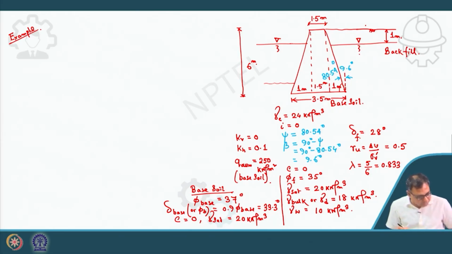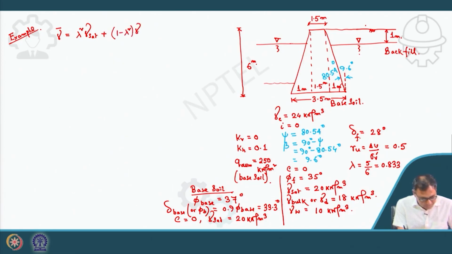To do that, since this is a partially saturated case, we will calculate the average unit weight gamma bar, which is equal to lambda square into gamma sat plus 1 minus lambda square into gamma dry or bulk.